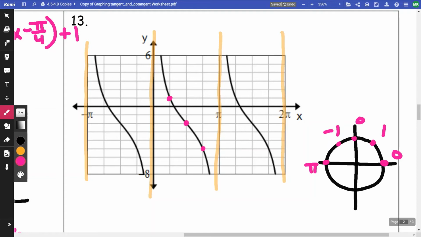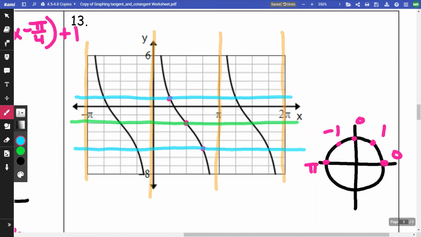So let's look at those values and see where those are. For this one, this is going to be a shift down 2, so -2. And then we went up 1, 2, 3 above and 1, 2, 3 below.